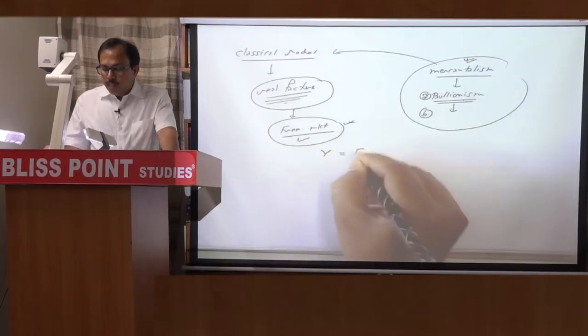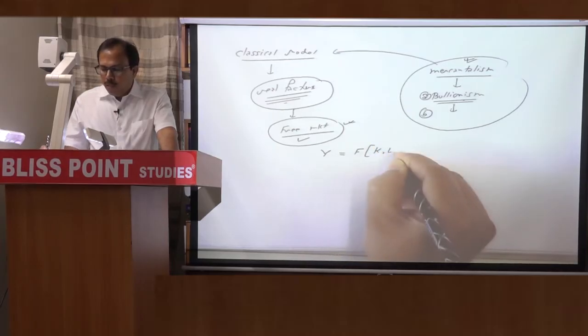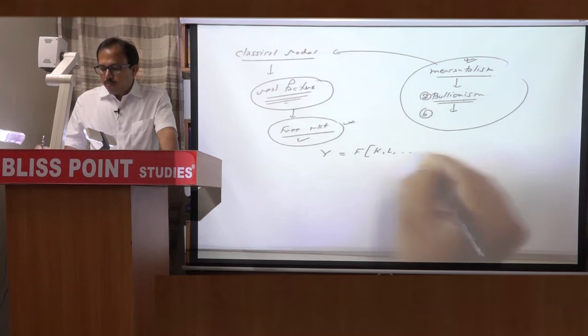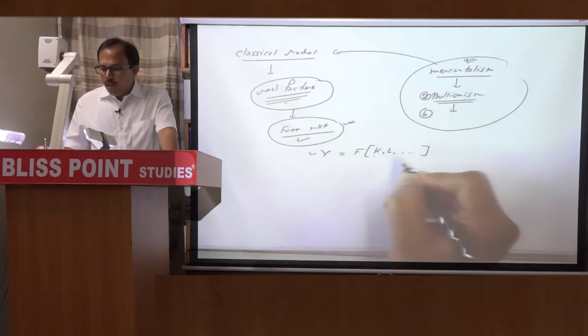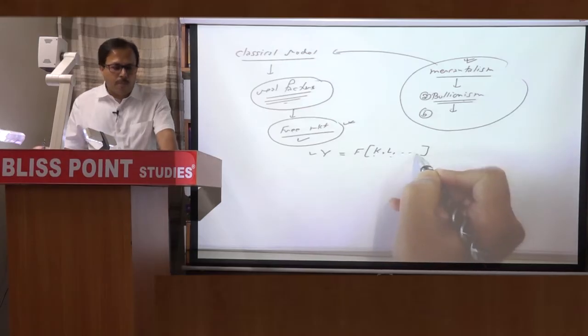That is why they said that output is a function of stock of capital, labor, technology, and so on. So output depends upon stock of capital, labor, and technology.